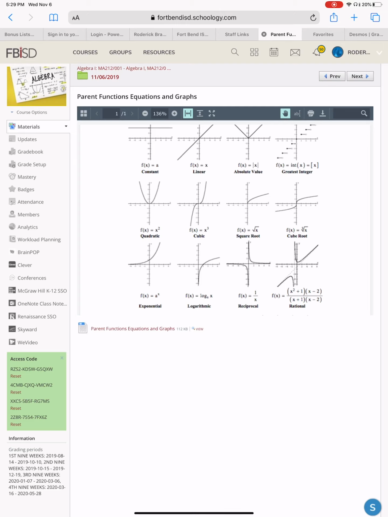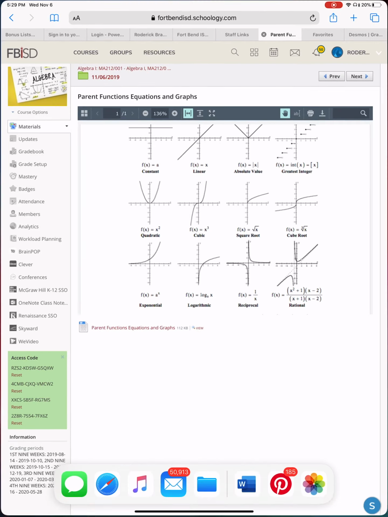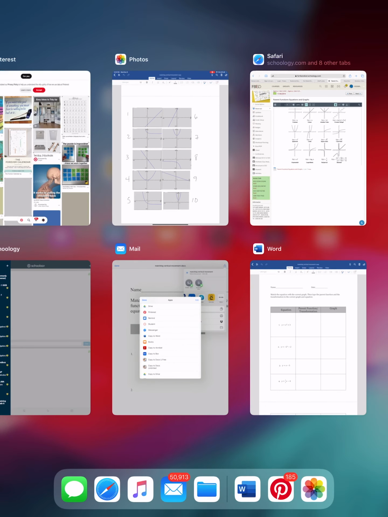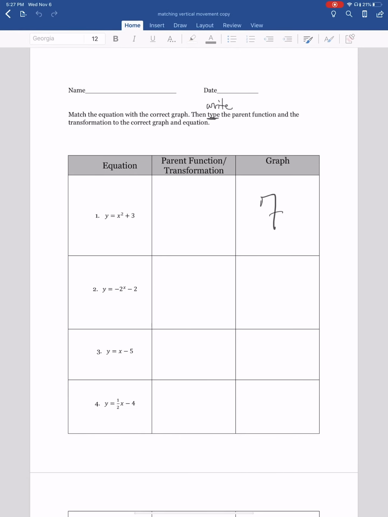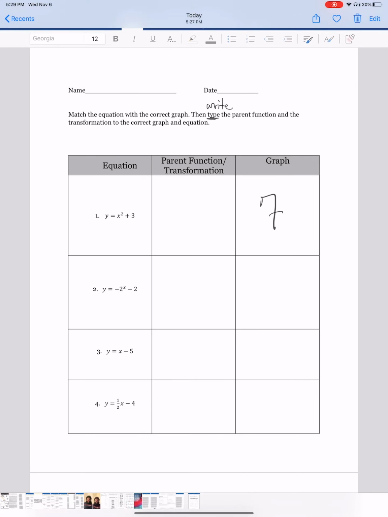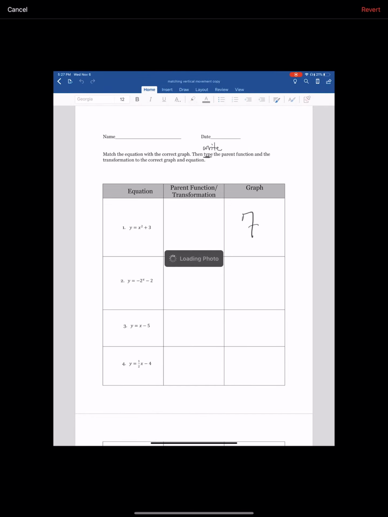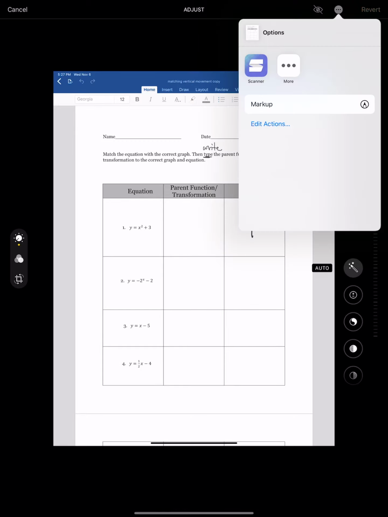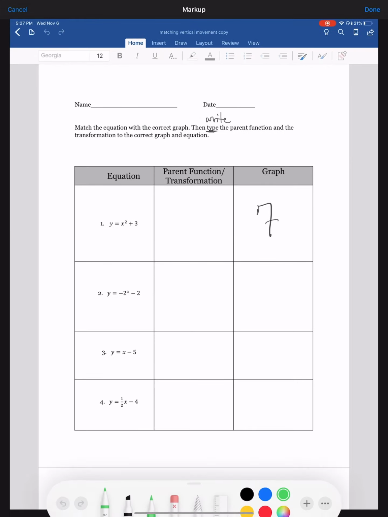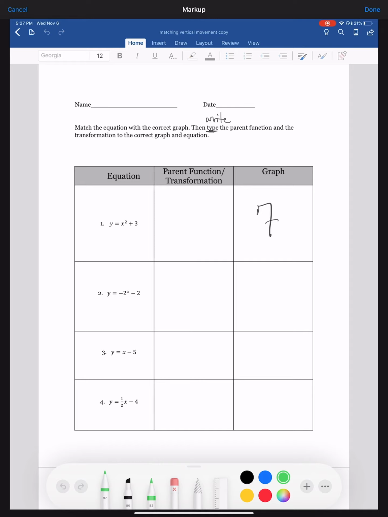That parent function is f of x equals x squared, or we could simply say y equals x squared. Let me edit this. Go to three dots, mark up. So we know it is y equals x squared.